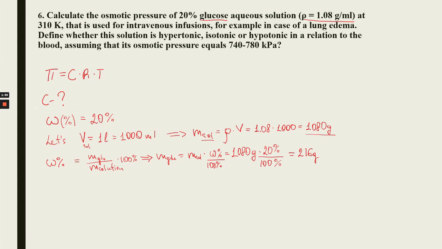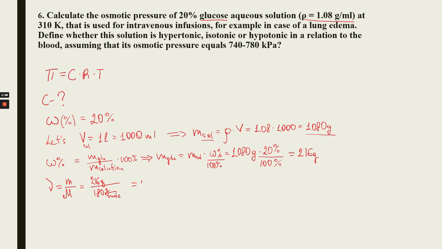To find the molar concentration, we have to find number of moles. So let's calculate number of moles. It is mass divided by molar mass. So 216 grams divided by molar mass. Molar mass of glucose is 180 grams per mole.